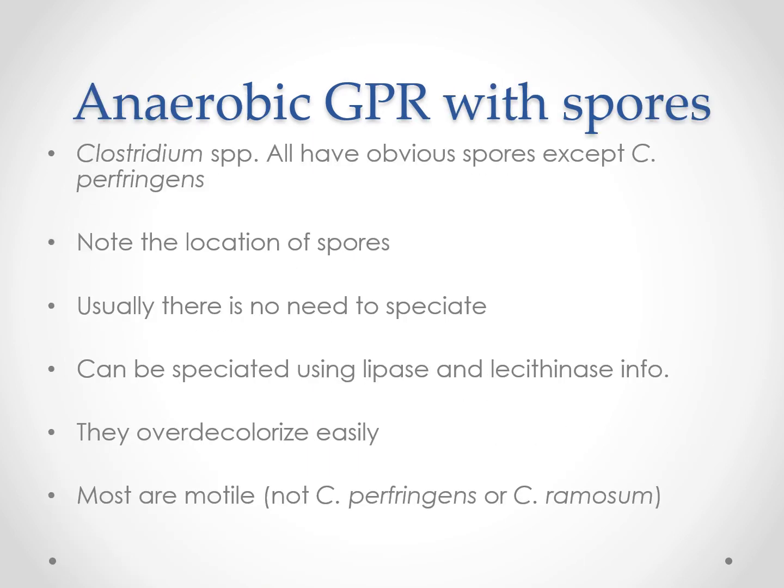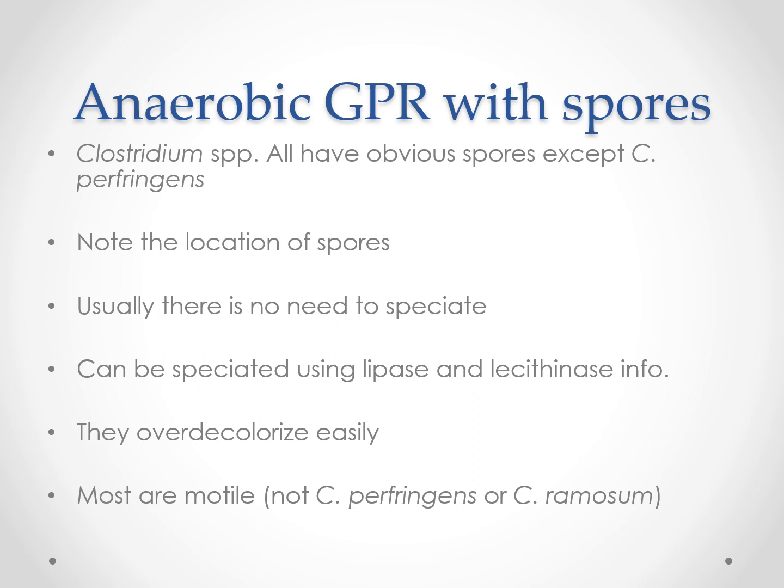Here I want to outline anaerobic gram-positive rods with spores. So Clostridium species all have obvious spores except for Clostridium perfringens. Clostridium perfringens can be a boxcar gram-positive rod, and it's difficult to get it to make spores. Please note the location of the spores whenever you're observing a Clostridium.